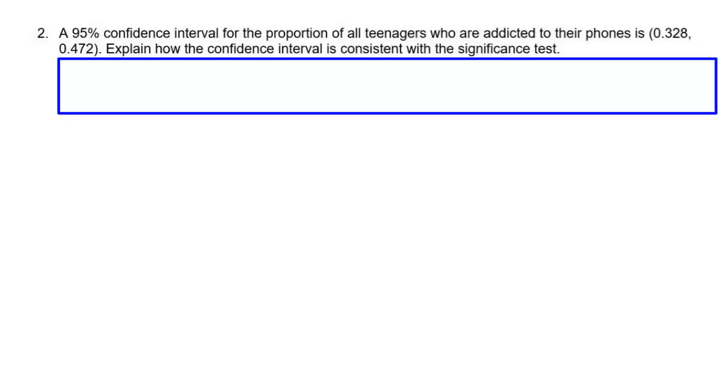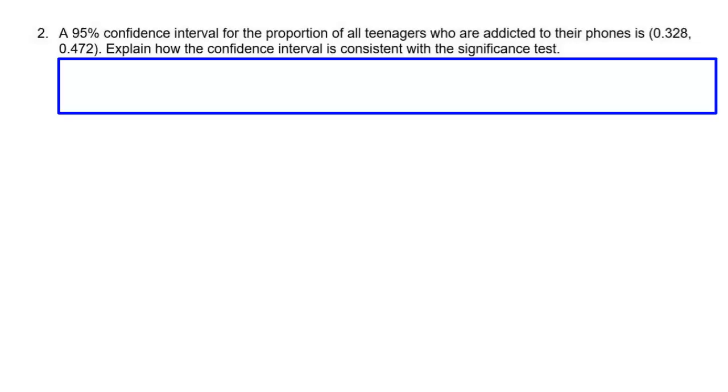So explain how the confidence interval is consistent with the significance test. What decision did we reach on the significance test? Reject. What are we rejecting? That it's half. The idea that the true proportion is half. Look at this confidence interval.